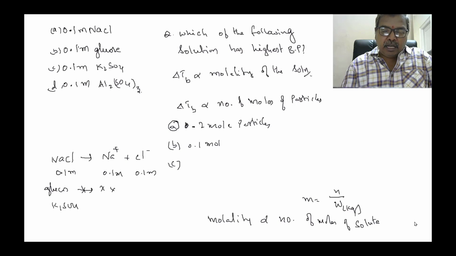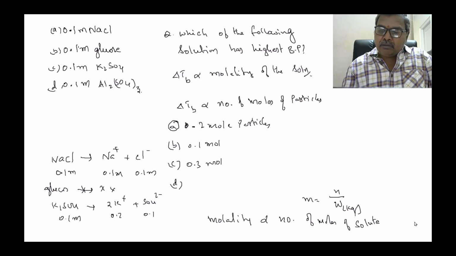K2SO4 ionizes as 2K plus and SO4 2 minus. If this is 0.1 mole, this is 0.2, this is 0.1. Total number of particles in the solution is 0.3 mole.